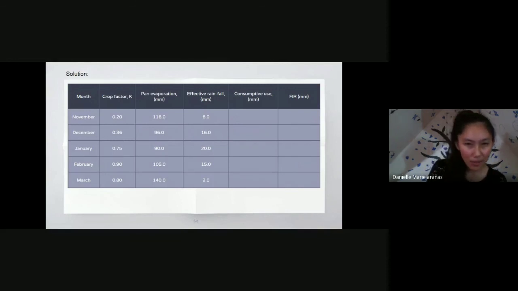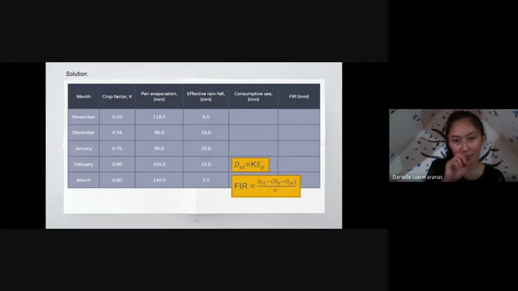Now, what is the formula again for field irrigation requirement? We will get that by subtracting the effective precipitation from the consumptive use, which is 6. 6, right? It's not 5.